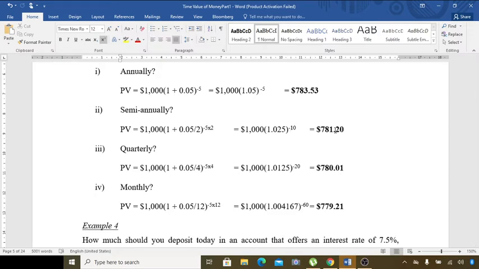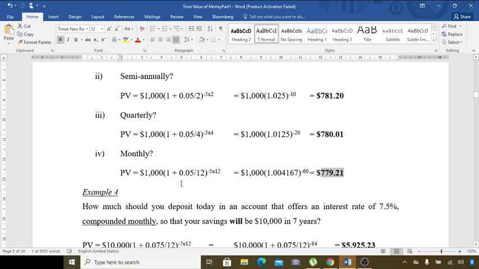You need to put a lower amount if the frequency of compounding increases. So for quarterly compounding, you need to put in only 780, and for monthly compounding, you only need to put 779. So it is an inverse relationship compared to the future value formula just now.